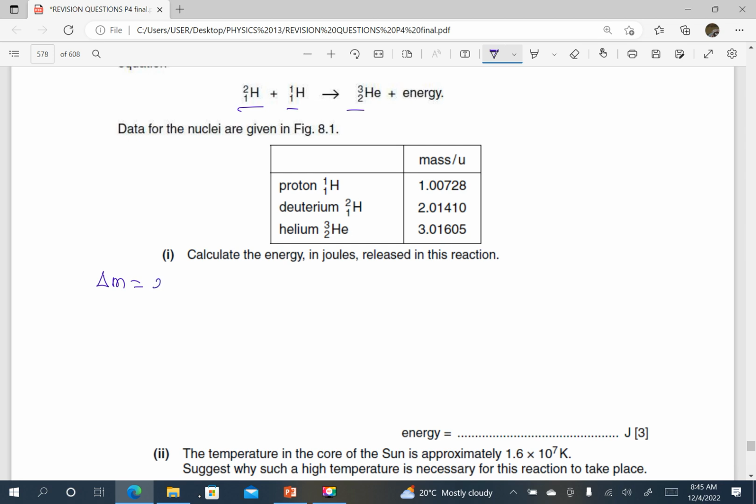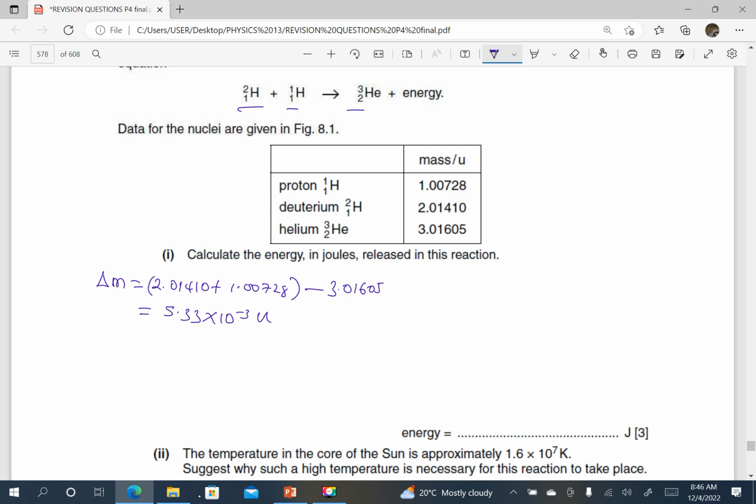So on this side we have 2.01410 plus 1.00728. That is the total mass on the left, minus on the right, which is 3.01605. So the difference is 5.33 times 10 power negative 3 in unified atomic mass units.